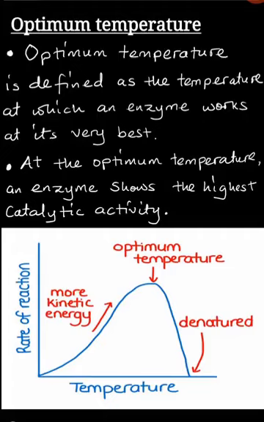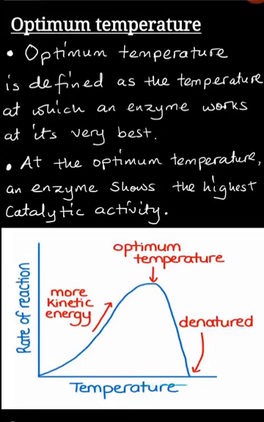I explained the fact that when an enzyme is denatured, it loses its original shape. So as you continue heating, or as you continue increasing the temperature of an enzyme, its shape will be lost. When the shape of an enzyme has been lost, we can say that that enzyme has been denatured.